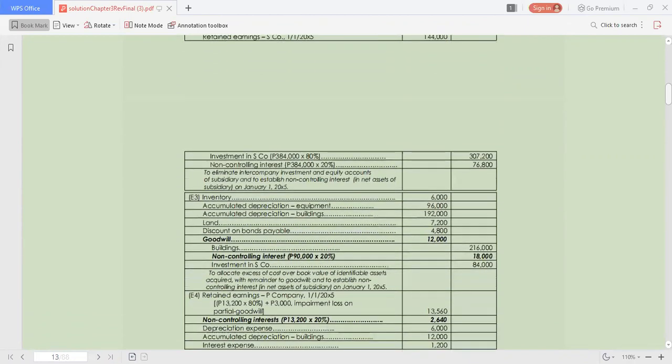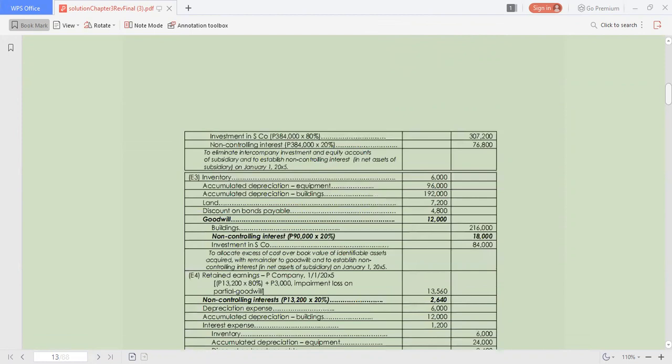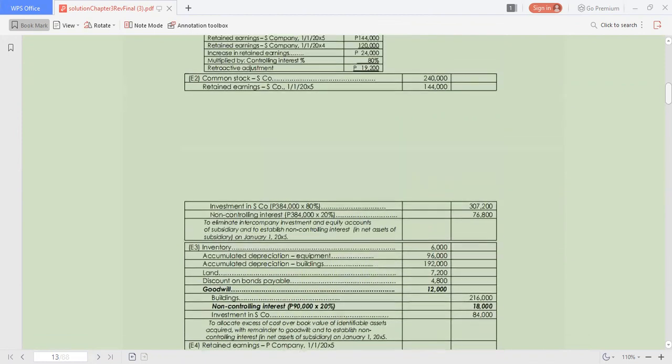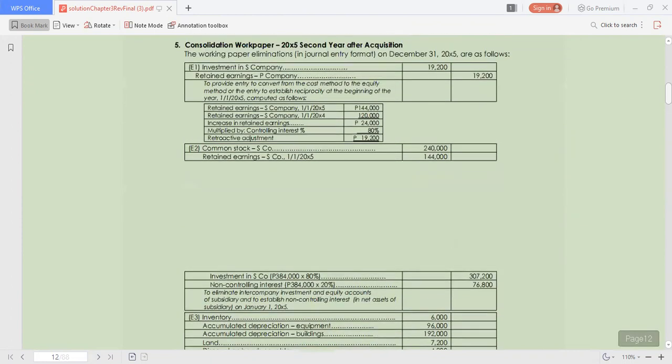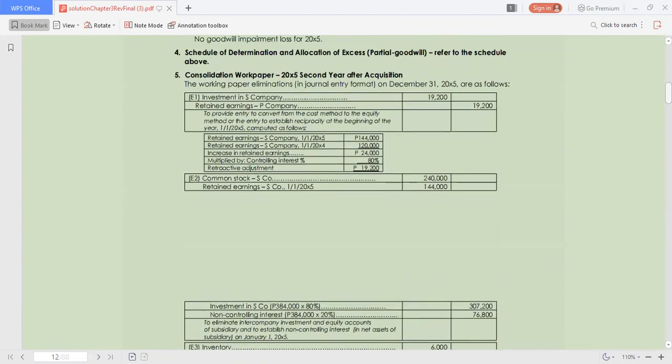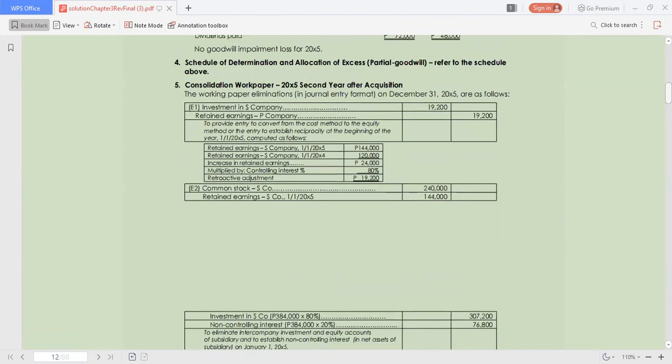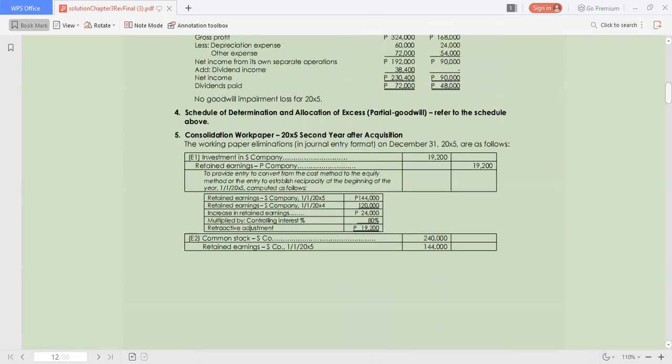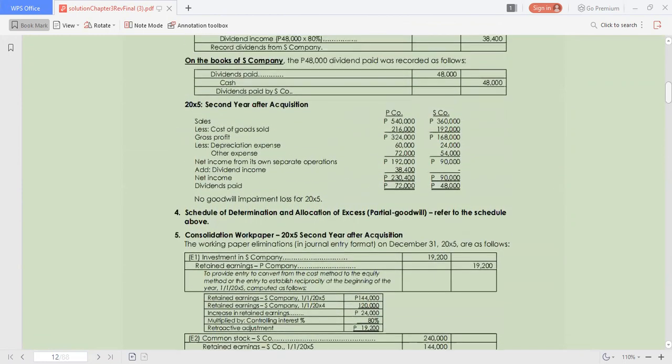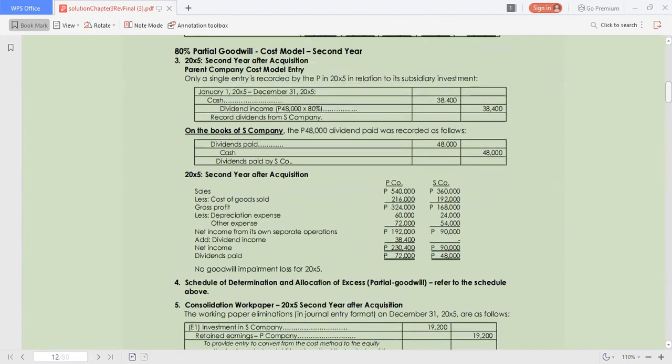corresponding retained earnings account. Now before we go back to the work paper, let's look at the entries for consolidation in the year 20x4.